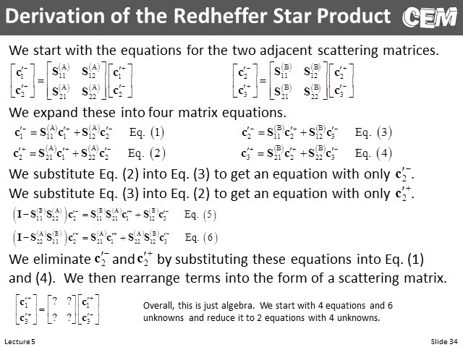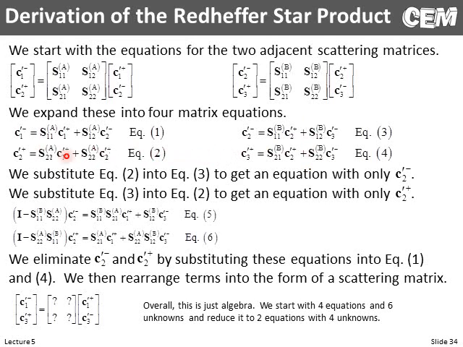So real quickly, the outline of the derivation is this. We write the definition of the scattering matrix for the first layer. We write the definition of the scattering matrix for the second layer. Now we'll expand both of these into 2 equations and another 2 equations, so we have 4 equations.